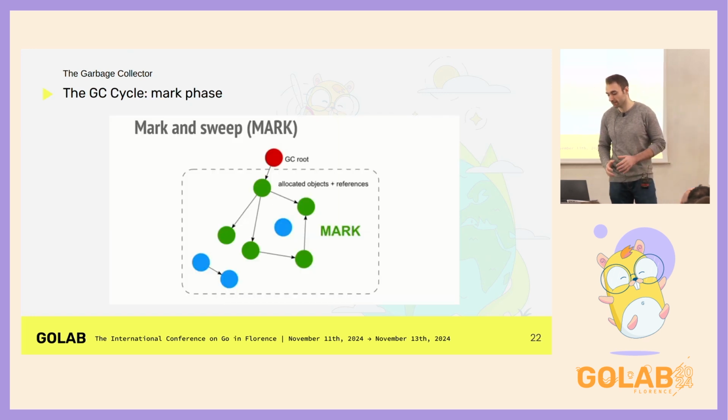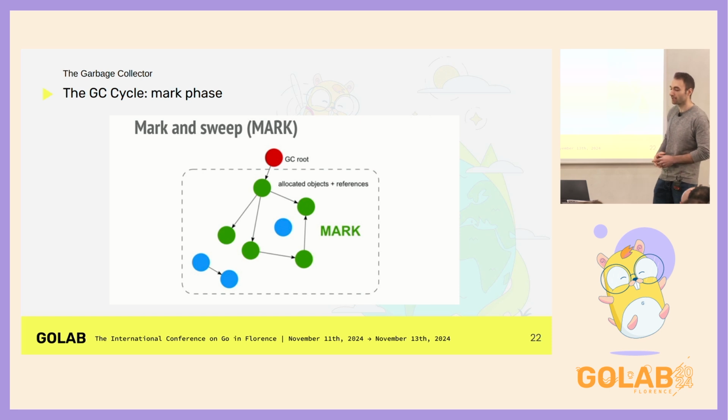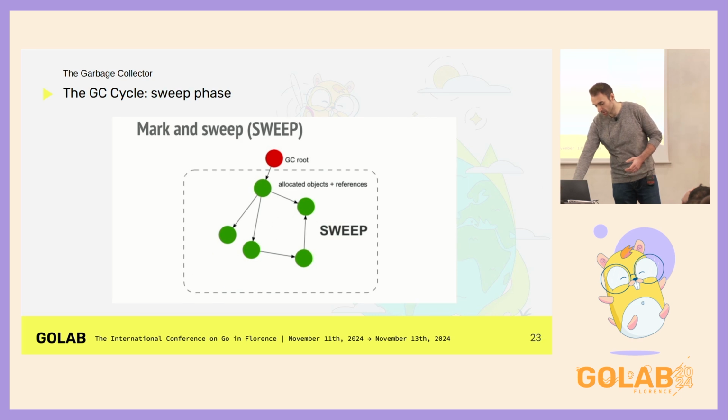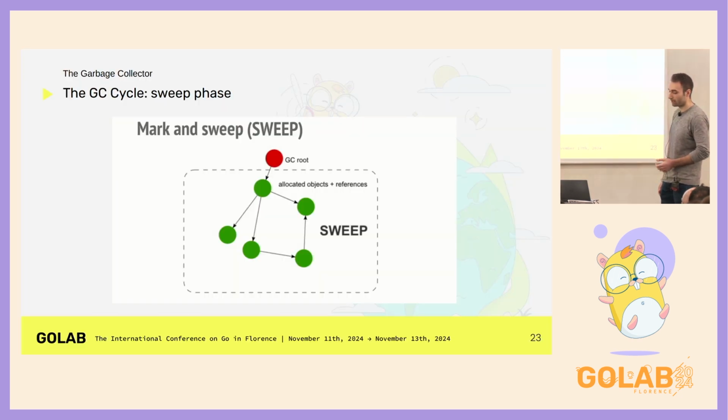In the first phase, the garbage collector just navigates the whole program object graph and tries to identify those objects, those references, which are no more reachable. So in this example, you see that the ones colored green are reachable by starting from program roots, and the ones colored blue are dead objects. And it's the job of the sweep phase to finally reclaim memory and free these objects.